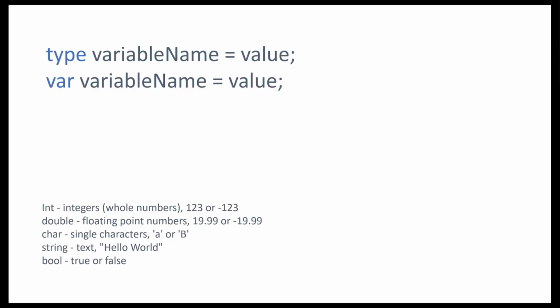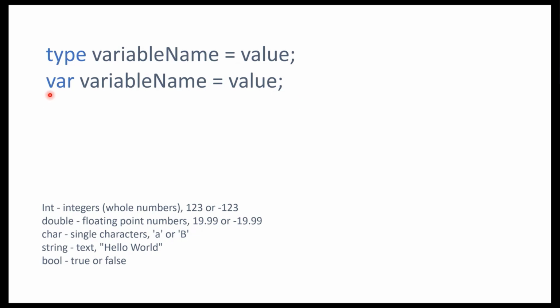Then we have the variables in C#. You can specify variables by naming the type of the variable. And this is, I think, the best practice for programming with C#, but we are scripting. So as long as it does the job, it's fine.